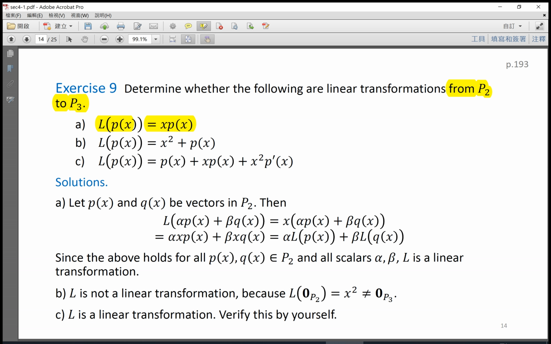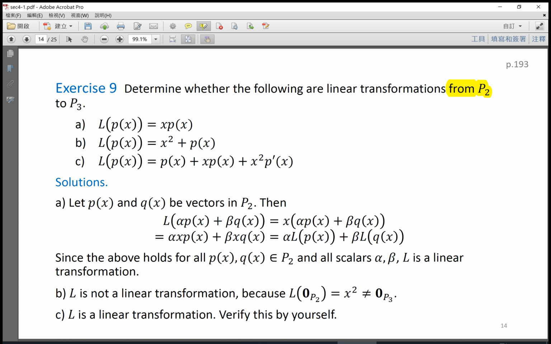Here, x is a constant polynomial. x is not a variable. And L of P of x is defined as a constant polynomial times the input polynomial P of x. And L is a linear transformation.